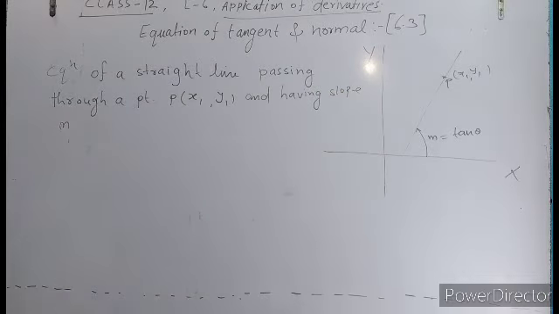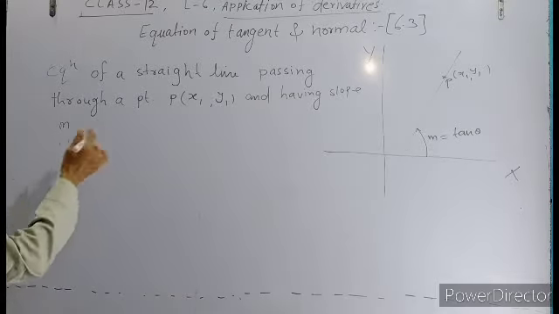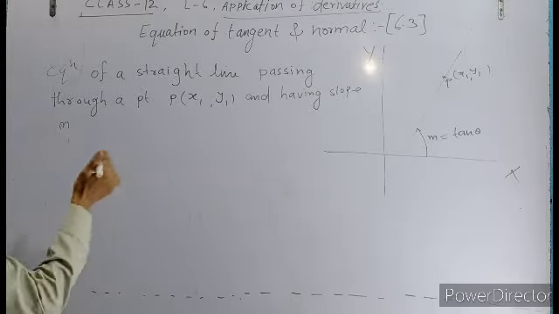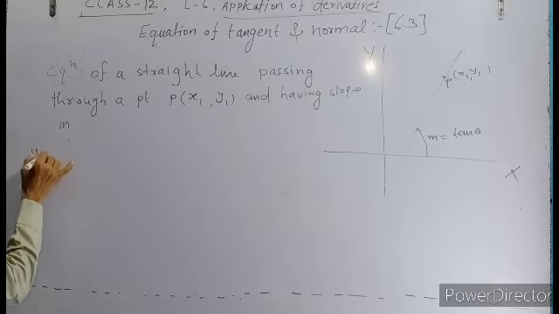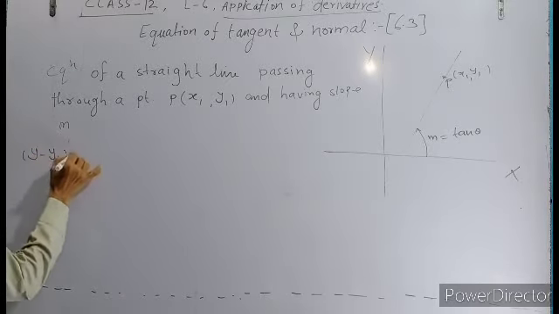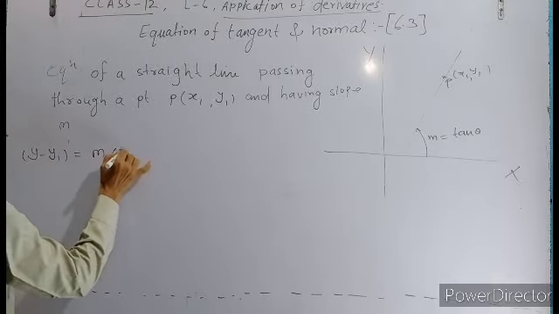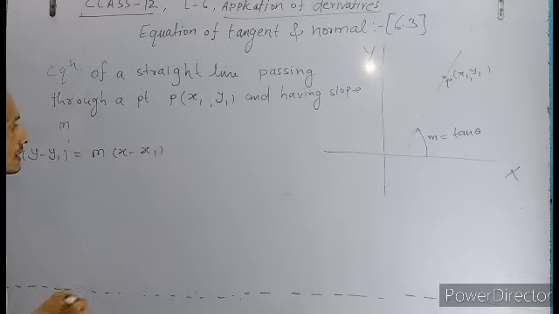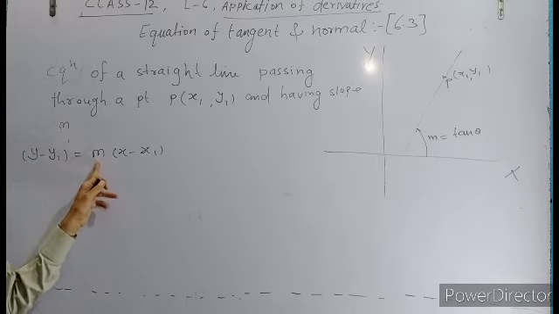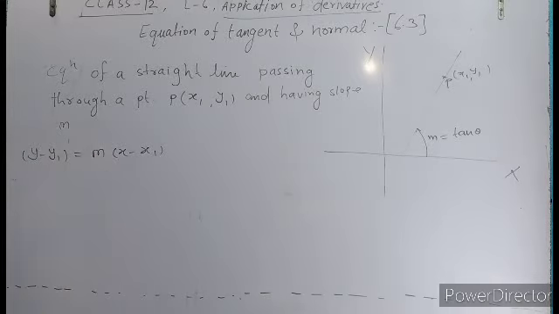What is the equation of a line passing through a given point P with slope m with the positive direction of the x-axis? It is given by y minus y1 equal to m into (x minus x1). That is the equation of a straight line, where m is the slope of the line with the positive x-axis in the anti-clockwise direction.